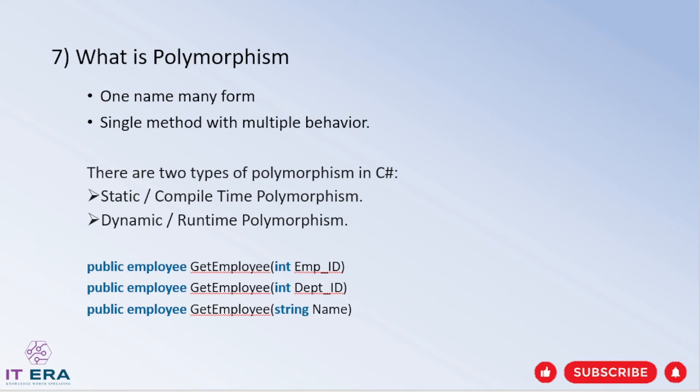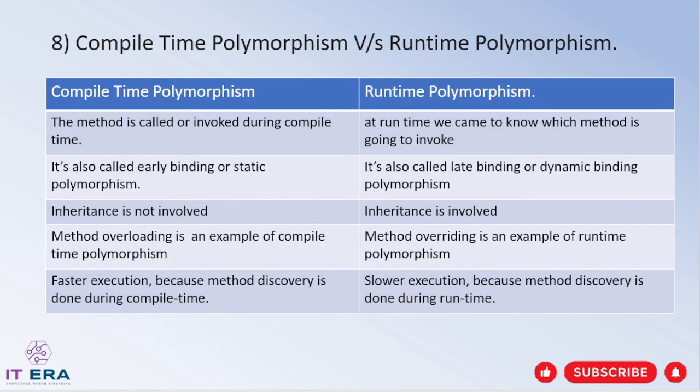After this, the next question by the interviewer can be the difference between compile-time polymorphism and runtime polymorphism. In compile-time polymorphism, the method is called or invoked during compile time, whereas in runtime polymorphism, at runtime we come to know which method is going to be invoked. Compile-time polymorphism is also called early binding or static polymorphism, and runtime polymorphism is also called late binding or dynamic binding polymorphism.